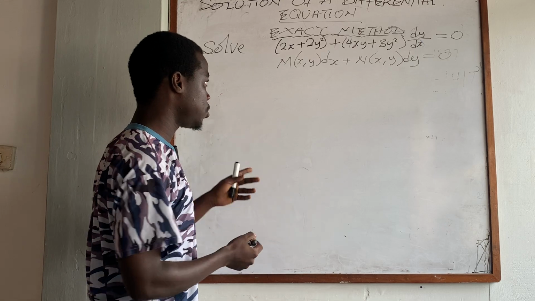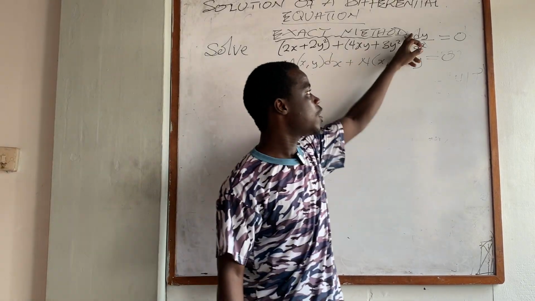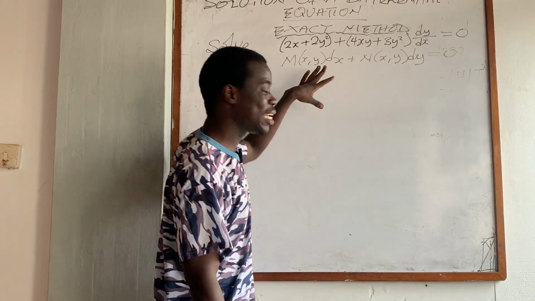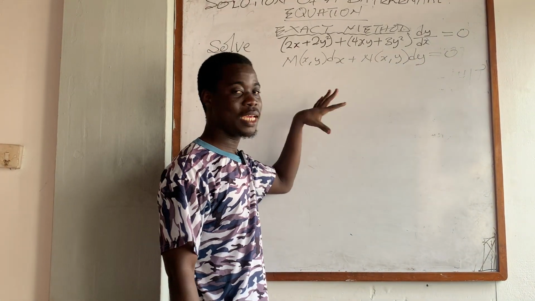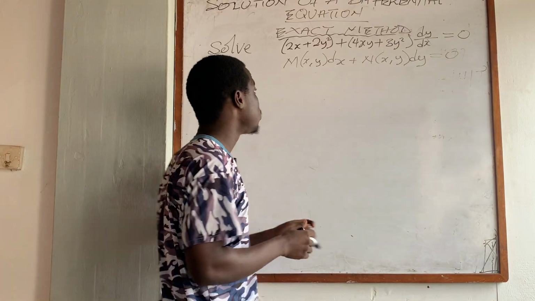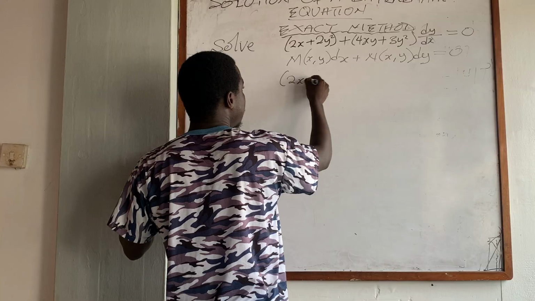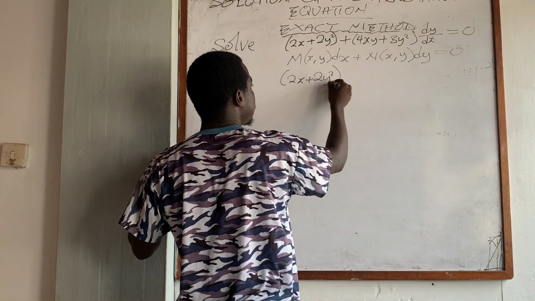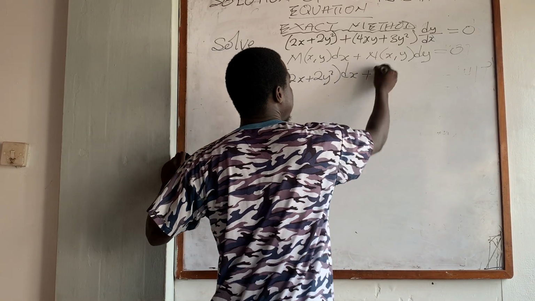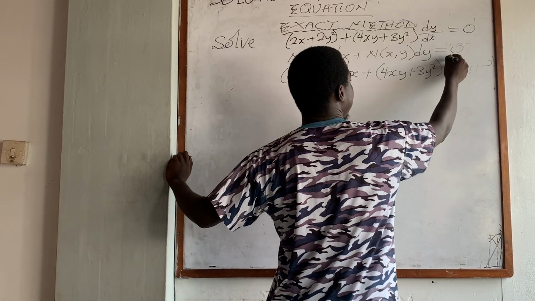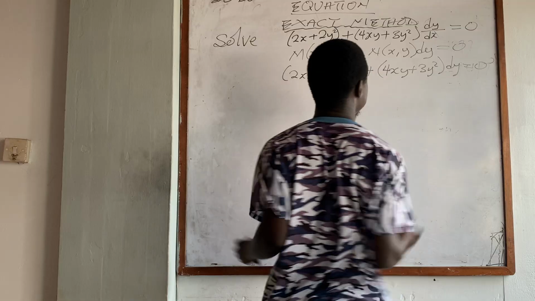So if you check very well, here we have dy over dx over here. That means if we multiply through by dx, we will get it in this form. Then after that, we can identify our M and the N. So let's see. If we multiply through by dx, I will get 2x plus 2y squared, here is the dx, plus 4xy plus 3y squared, and here is the dy, should be equal to this.